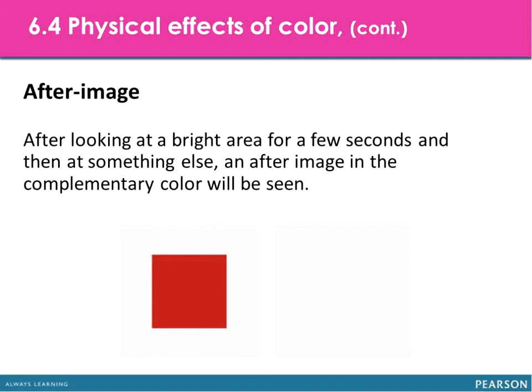Now, one blink and then concentrate on this other gray square. And what color do you see start to emerge? I'm expecting that you would probably begin to see a green square.